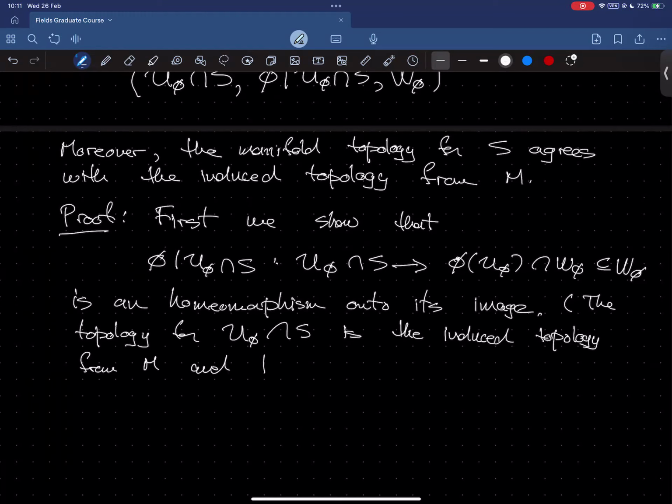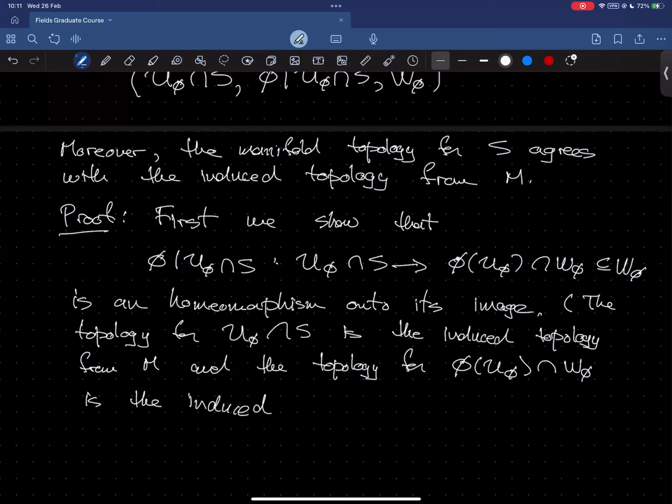And the topology for the image, so the image is phi of U phi intersect W phi, is the induced topology from V phi.